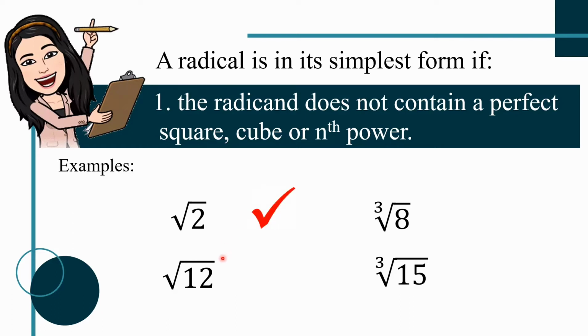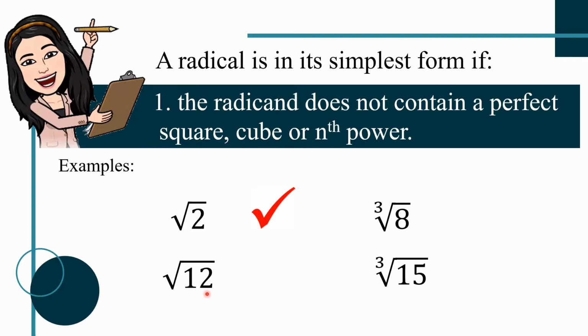Bakit? Okay, kasi if you notice, yung ating second example na square root of 12, ang radicand natin, which is equal to 12, contains a perfect square. Alin yun? So, di ba, ibig sabihin nun, we will get the factors of 12. Ano ba yung factors ng 12 na may perfect square?